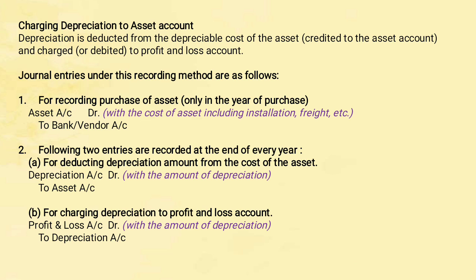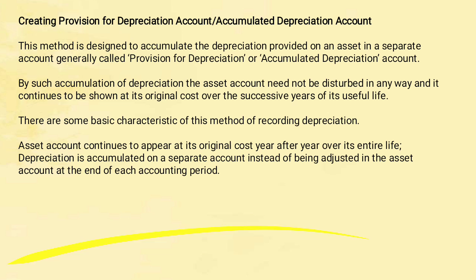In that case we write an entry, profit and loss account debit to depreciation account, because this depreciation amount we have to write off on the debit side of profit and loss account. That's why we pass this entry, profit and loss account debit to depreciation account. And provision is not in our syllabus, so let's continue.